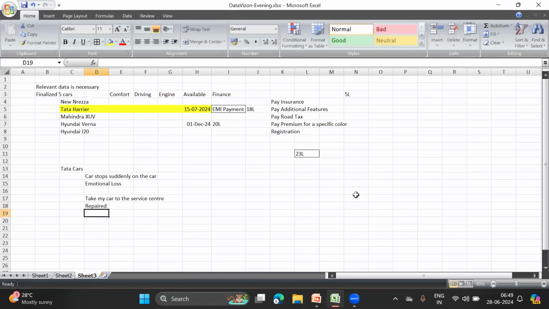And then let's say after 2-3 days your issue gets resolved, and your car is okay now. Now let's say everything goes well. And then after a few days or a few months, you have to take your car for normal services. We go for normal services every time.